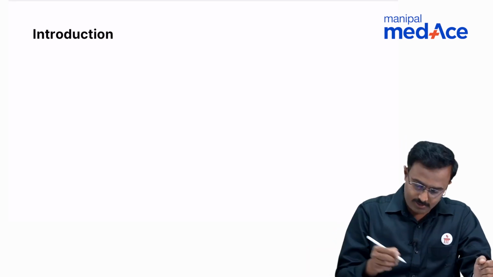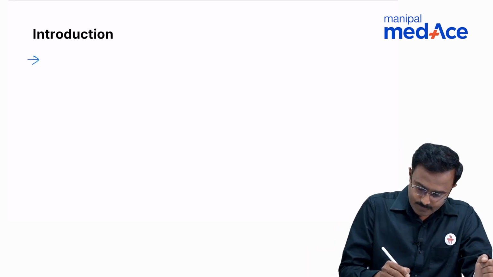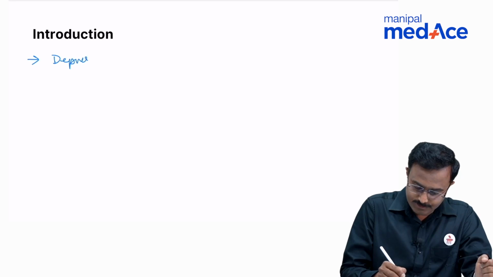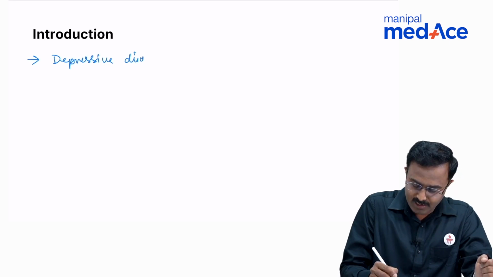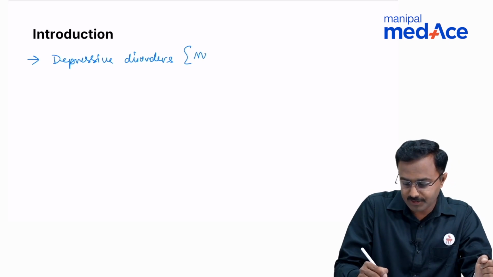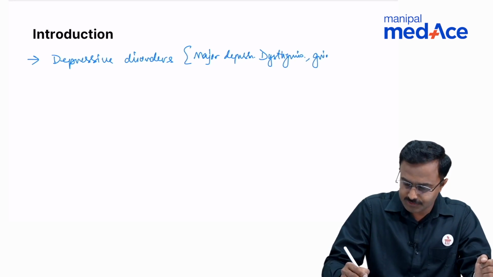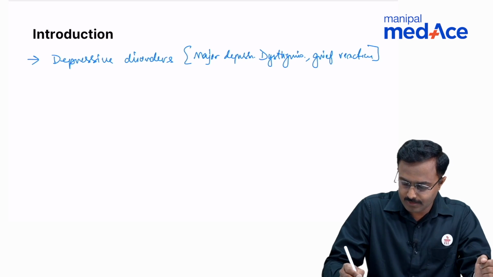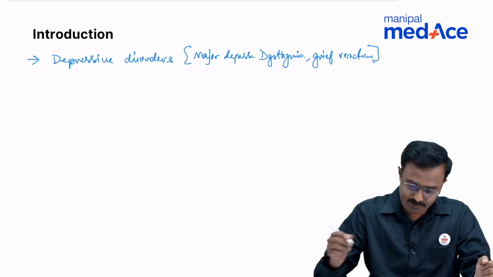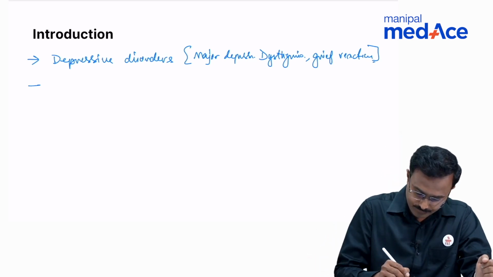So mainly depressive disorders are the main indications here, wherein you have major depressive disorders, you have dysthymia, even grief reactions. So these things get covered under depressive disorders.